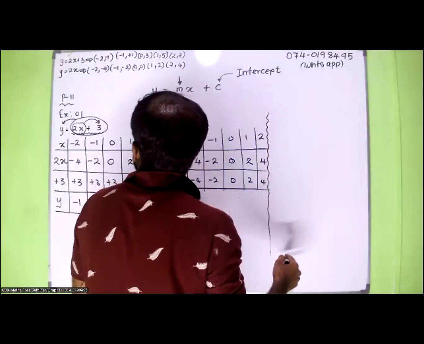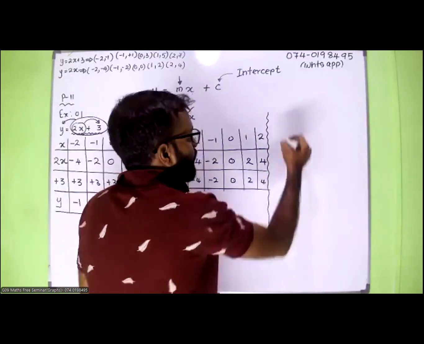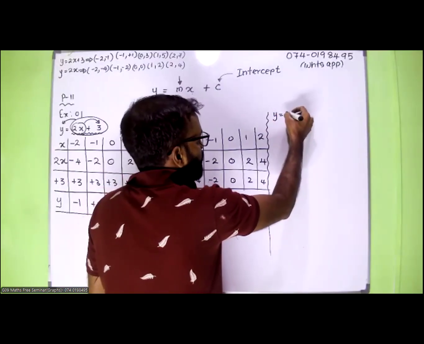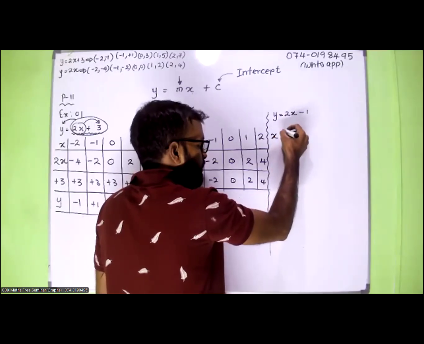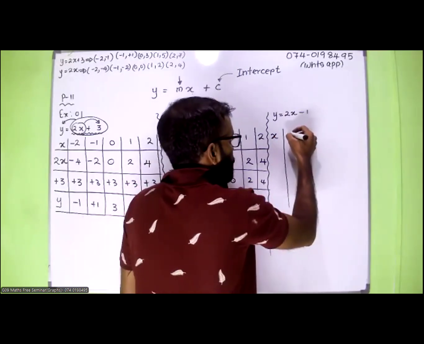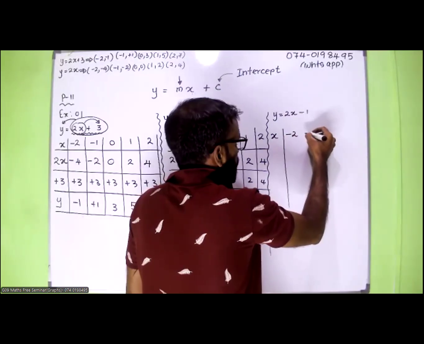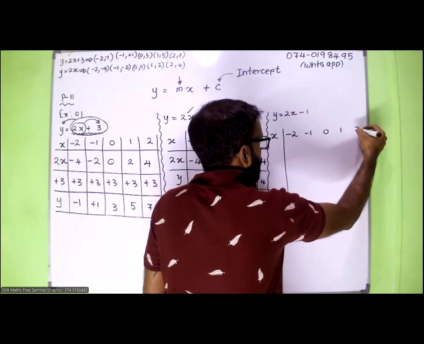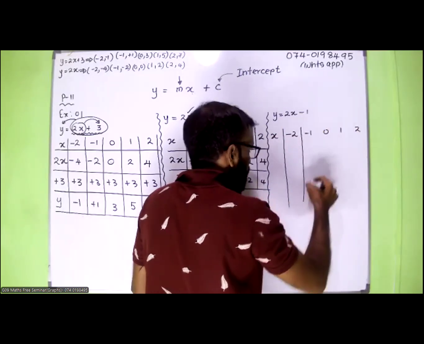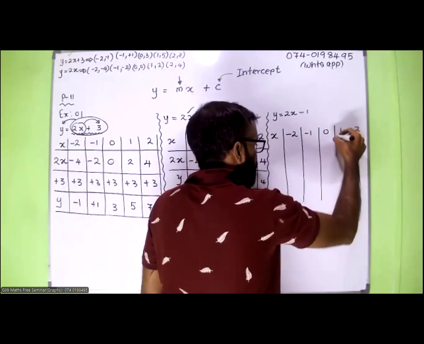So next one. Y equals 2x minus 1. So with the same x value series: minus 2, minus 1, 0, 1 and 2. I am going to fill the table.